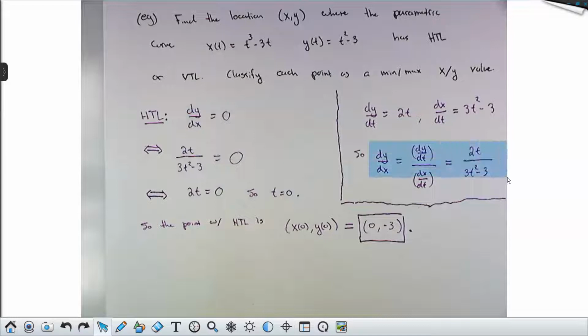So I calculate dy dx. That's 2t divided by 3t squared minus 3. So dy dx is equal to 0 if 2t over 3t squared minus 3 is equal to 0.